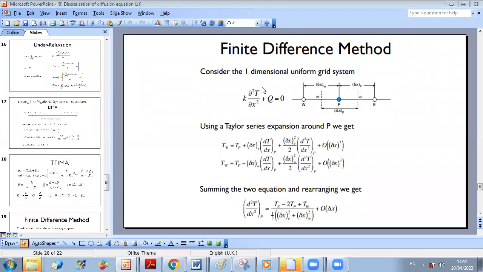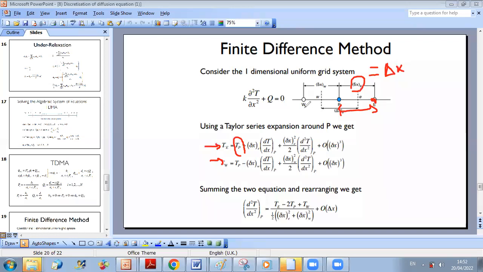So we were saying that we'll do the Taylor expansion in order to find the expression of T east, T west, function of Tp. Okay? So first, if we start by the point at east, the distance between P and E is delta x east, which is equal to delta xp because we are considering a uniform grid.